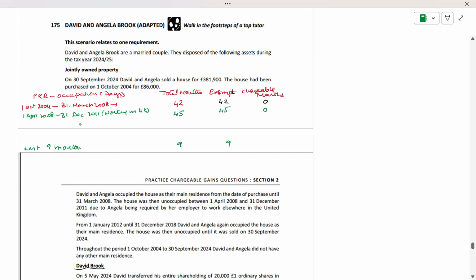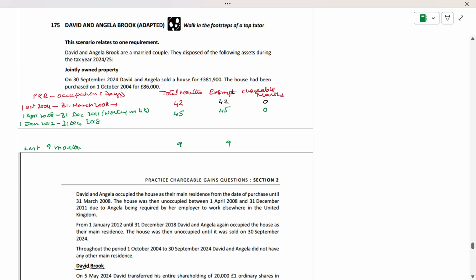Yes, sir. Next. Required by the employer elsewhere. From 1st January, for this they will give you marks. Understand my point? From 1st January they again occupied the house, until 31st December 2018.